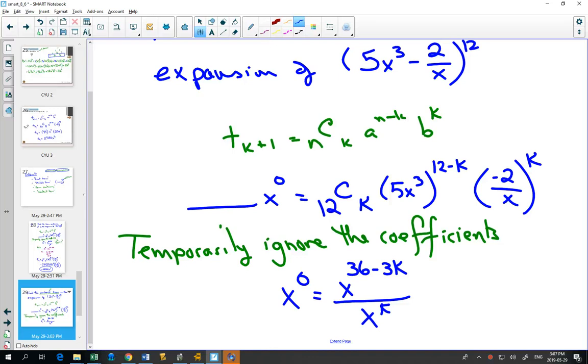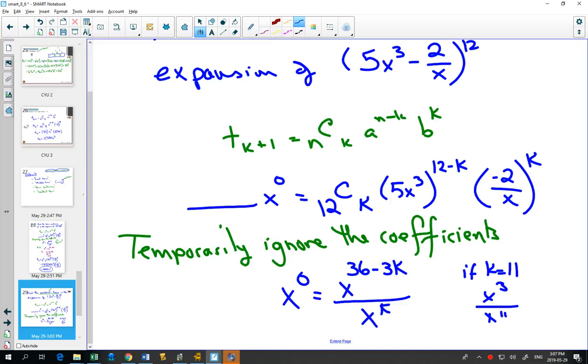If k equals 11, you're going to get x to the 3 in your numerator and x to the 11 in your denominator. Do all the x's cancel out? No. What do we need? We need less in our denominator and more in our numerator.